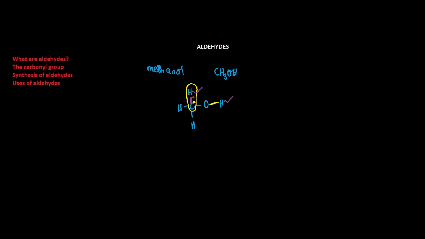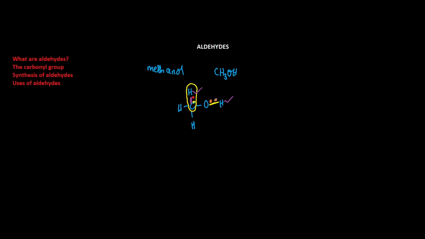Now in this case, the bond highlighted in yellow between oxygen and hydrogen is made of one electron from oxygen and another electron from hydrogen. And of course, oxygen retracts its electron and hydrogen also retracts its electron, and thereby breaks the bond that exists.